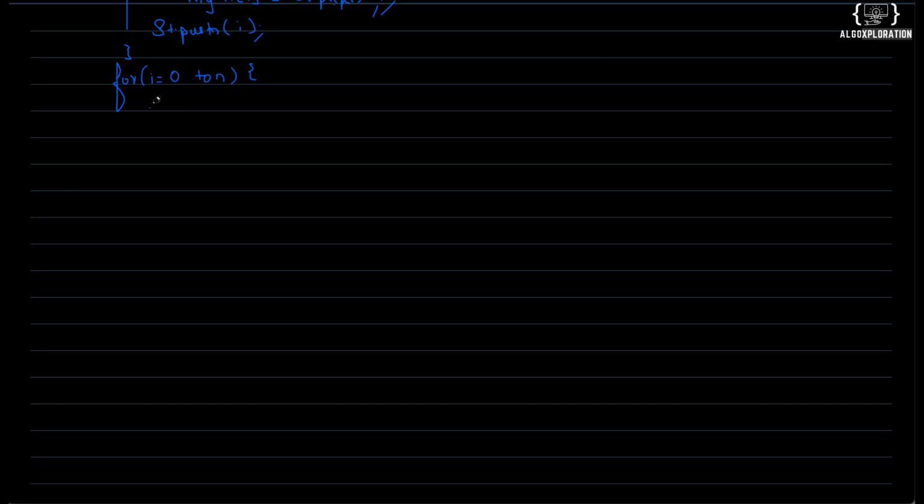So long contr, which stands for contribution, equals to left of I into right of I modulus mod. Very important because the sum can be very large. Now after this, contr is equals to contr multiplied with element.